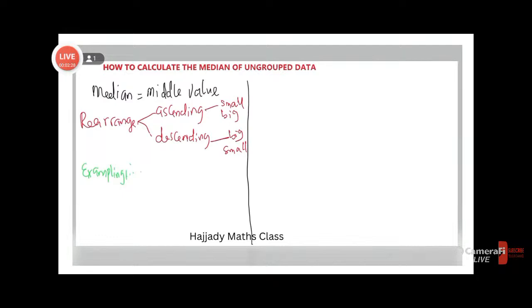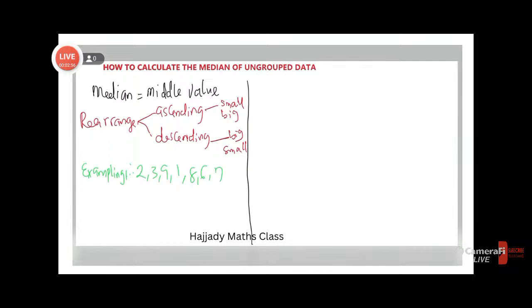So here we have our data to be 2, 3, 9, 1, 8, 6, 7. So the first thing we are going to do is to rearrange. Let's decide to rearrange in ascending order here. That means we are picking from the smallest value to the biggest value.